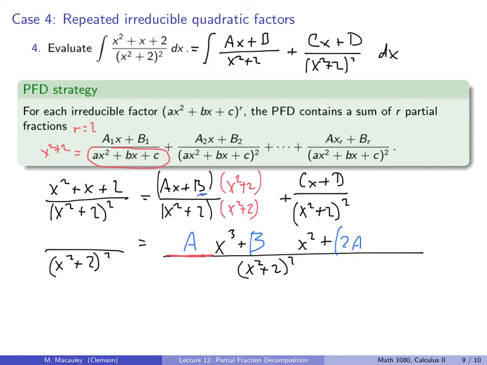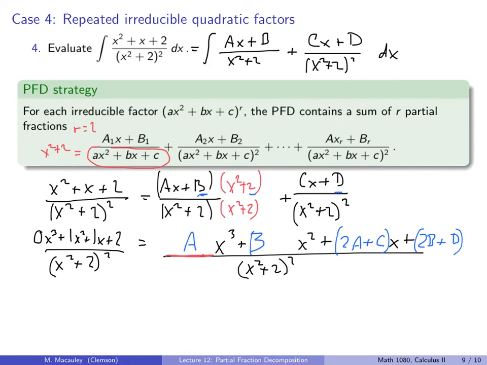That's the only linear term I have here, but I have one here. So plus c x. And then what's my constant term? I have a b times 2, so I have a 2b plus a d out here, so plus a d. And out here I have 0x cubed plus 1x squared plus 1x plus 2.